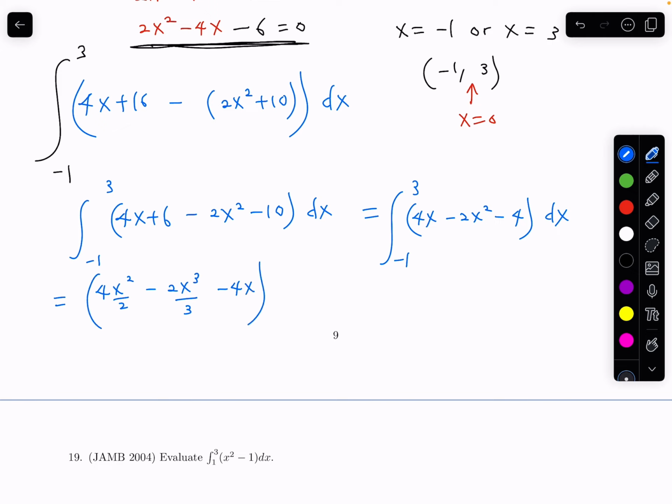Just as we have been doing before, you plug in 3 first, then you plug in -1, and then you simplify. You're going to get 64 over 3.